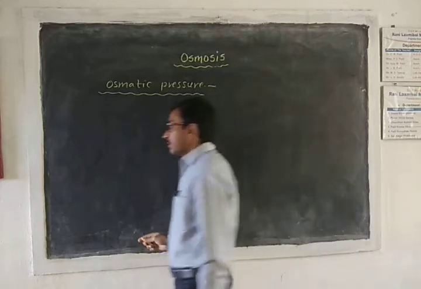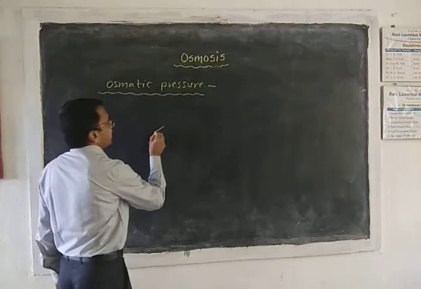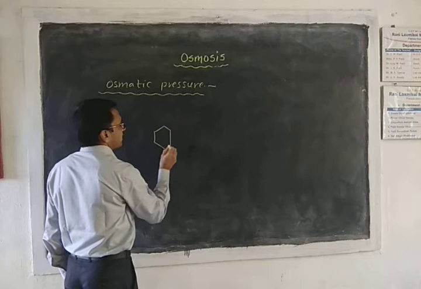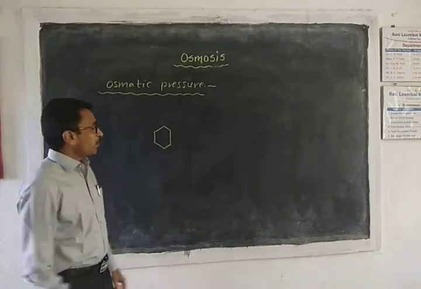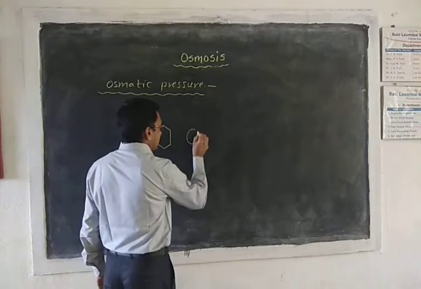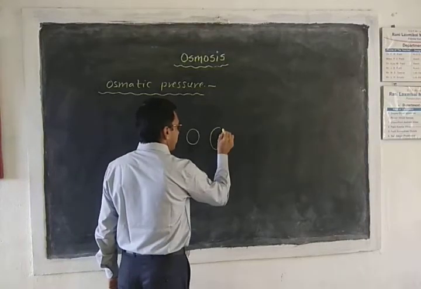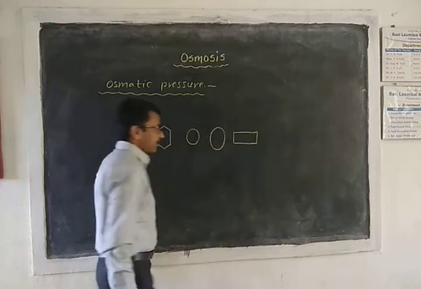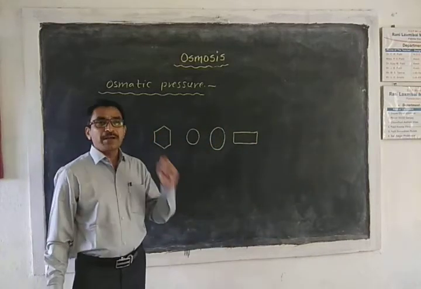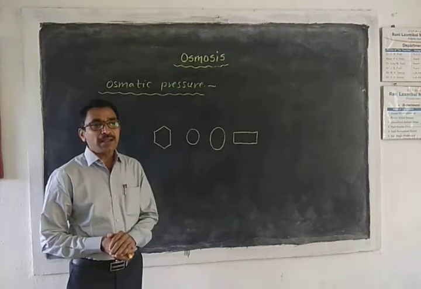Now, each and every cell has a shape. This cell is hexagonal, or polygonal. This is a rounded cell, this is an oval-shaped cell, and this is rectangular. Each and every cell has a particular shape. Why?